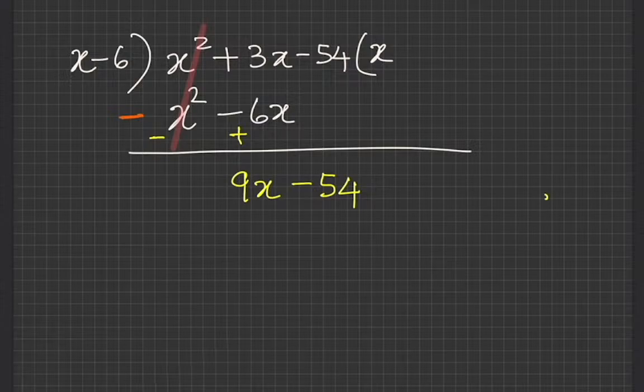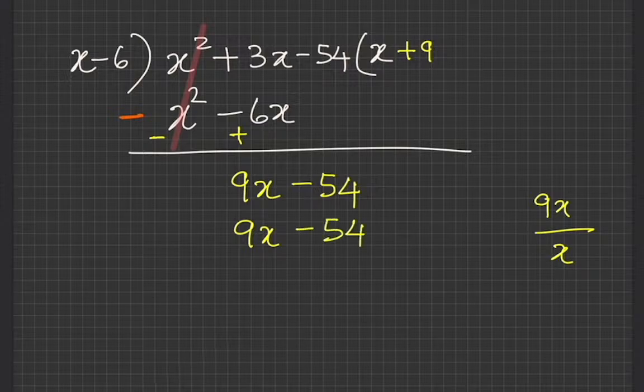I have 9x. I'm going to divide that by x, so I'm going to get 9. So this is plus 9, right? So 9x minus 54. This has to be subtracted, correct? So again, we change the sign of the subtrahend.